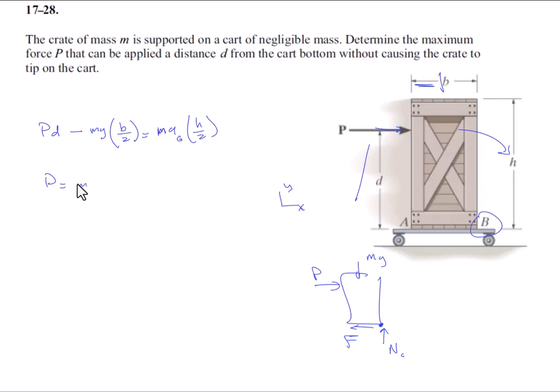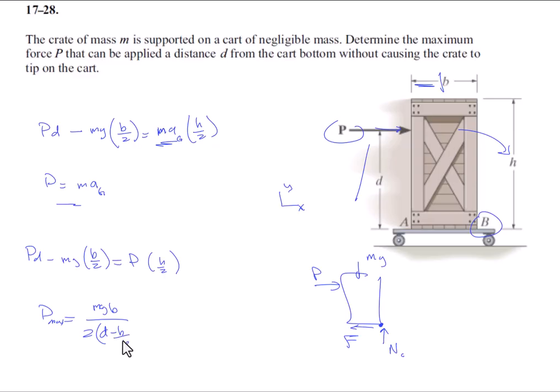This P is equal to m a. So P d minus m g b over 2 is equal to, if you substitute this in, P h over 2, and you have the maximum P allowed is equal to m g b divided by 2d minus h over 2. And that's the maximum you can do without tipping over.